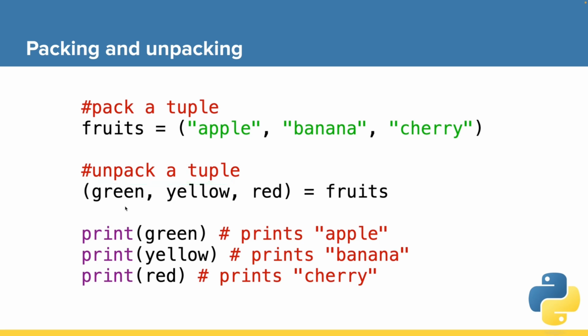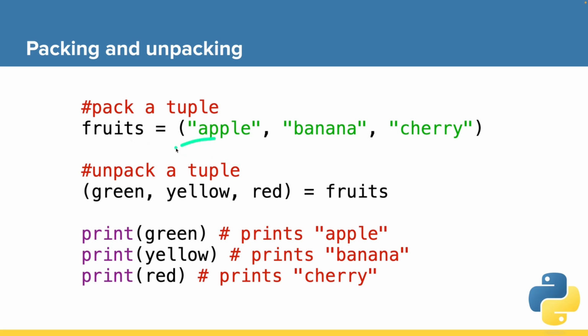occurs when we assign variables to the values of a tuple. So we have our tuple called fruits, and we have apple, banana, and cherry. Well, what we could do is say, I have 3 new variables, green, yellow, and red. These are the variable names. And we're going to assign that to the fruits tuple.